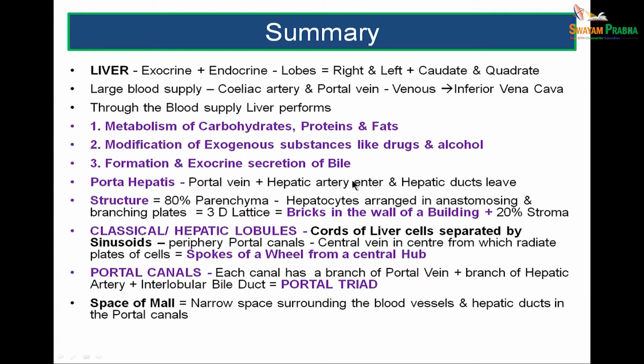Let's summarize what we have done today. We have spoken about the liver being an exocrine and an endocrine gland having 2 lobes, the right and left, and the quadrate and caudate lobes as well.